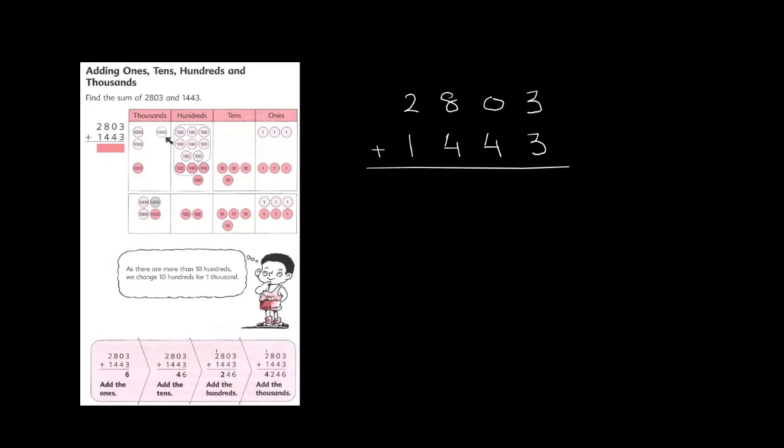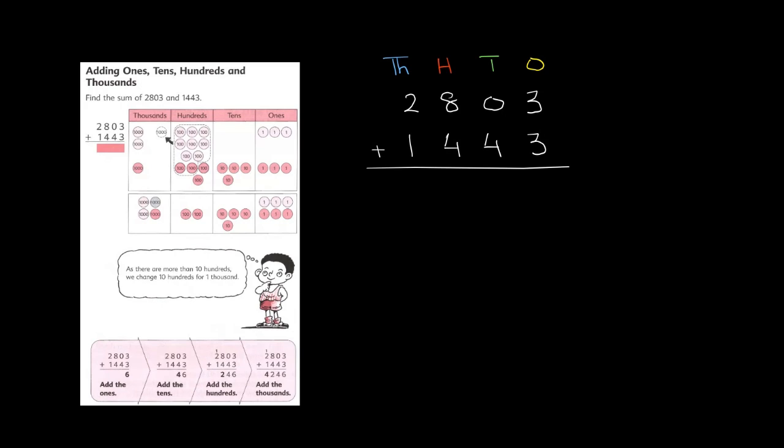Now please remember, these are ones, these are tens, these are hundreds, and these are thousands. Okay, so now you can see the number being represented very carefully, because this is going to be 2,000, and then you can see 800s in the next column, and then you'll see no tens.